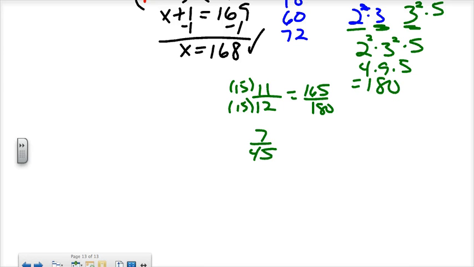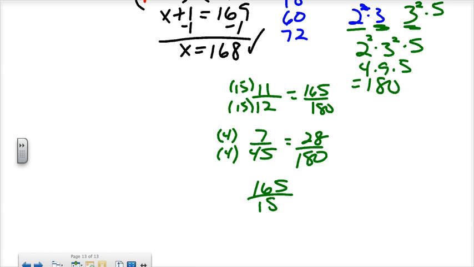So if we take 180 and we divide it by 45, we're going to get 4. So we need to multiply our numerator and our denominator by 4. And finally, we'll have 165 over 180 minus 28 over 180. So that is 137 over 180.